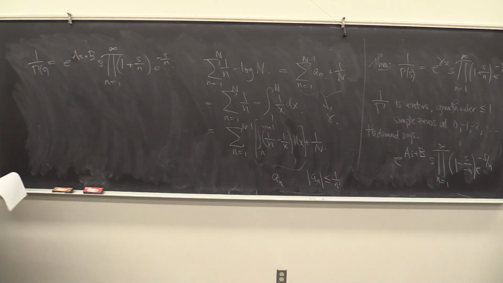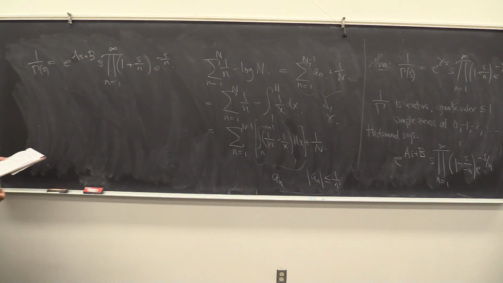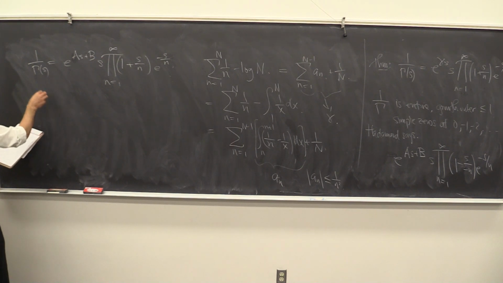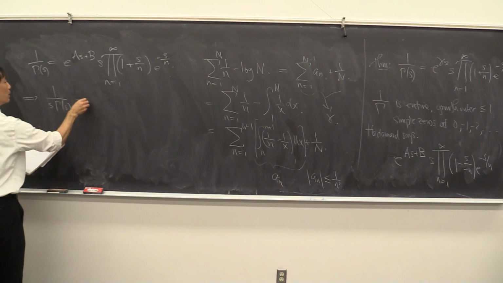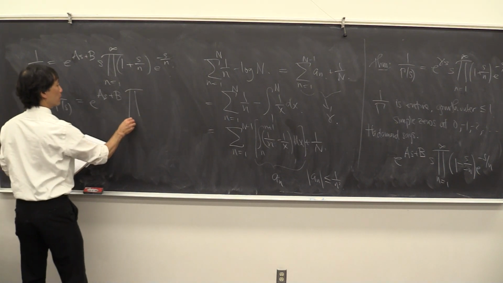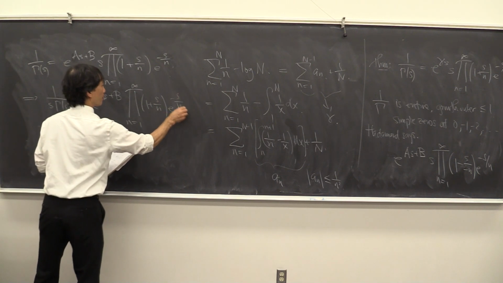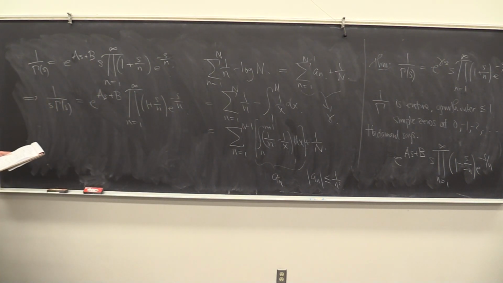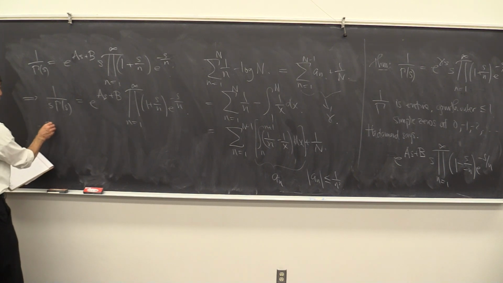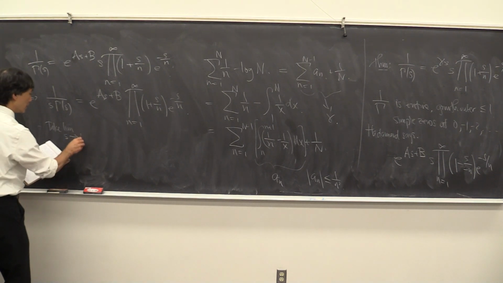We're going to divide both sides by s, and then take the limit as s goes to 0.